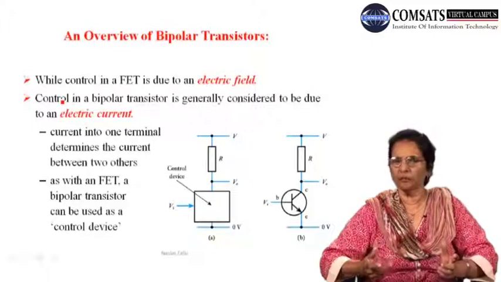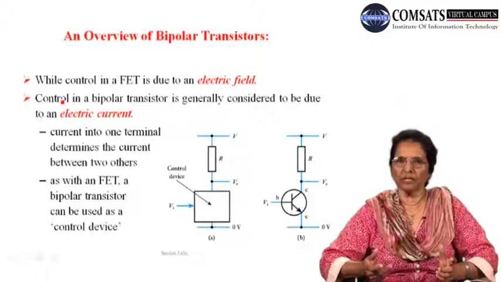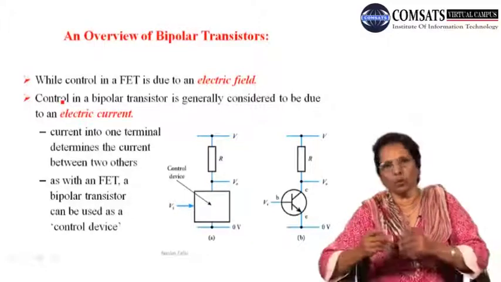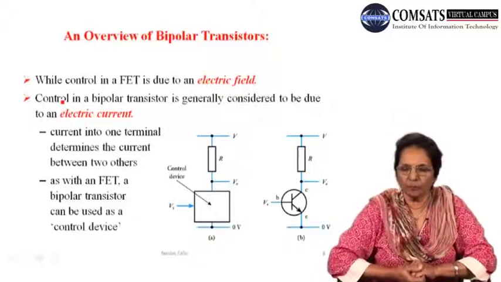So you should not have any difficulty with that, because by now we understand what a forward bias junction is and what a reverse bias junction is.